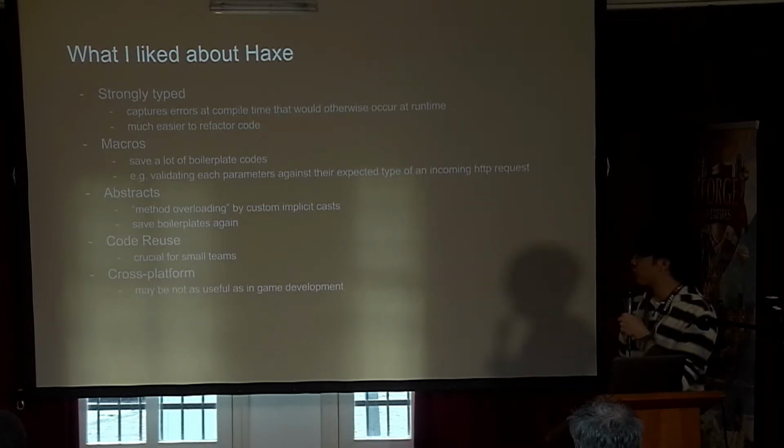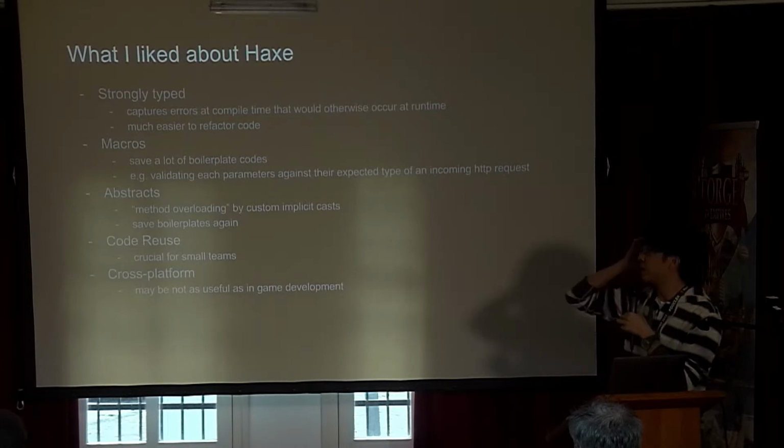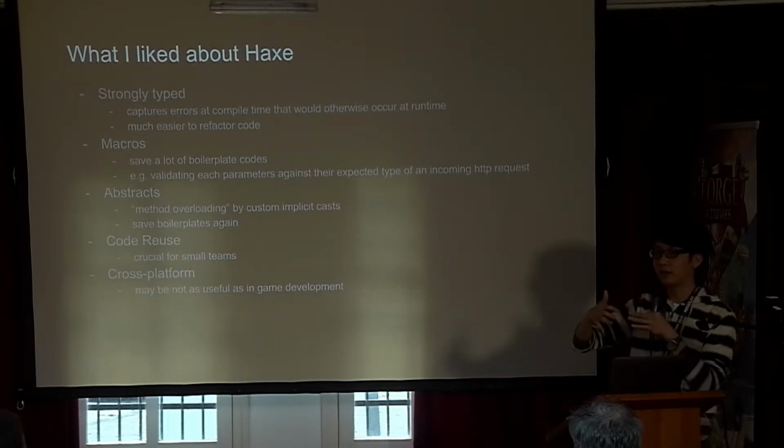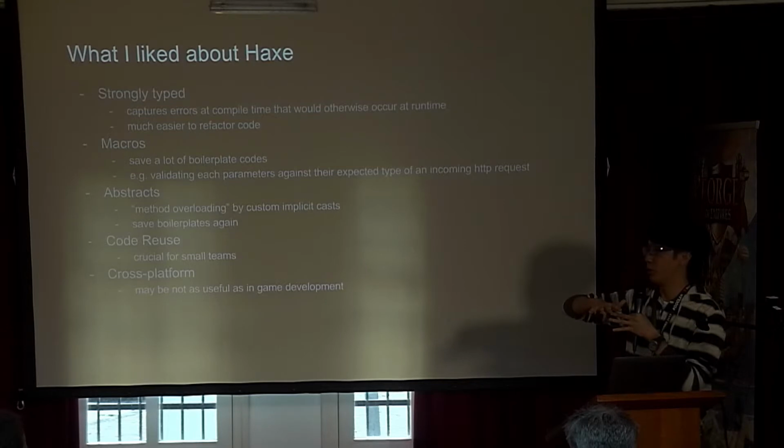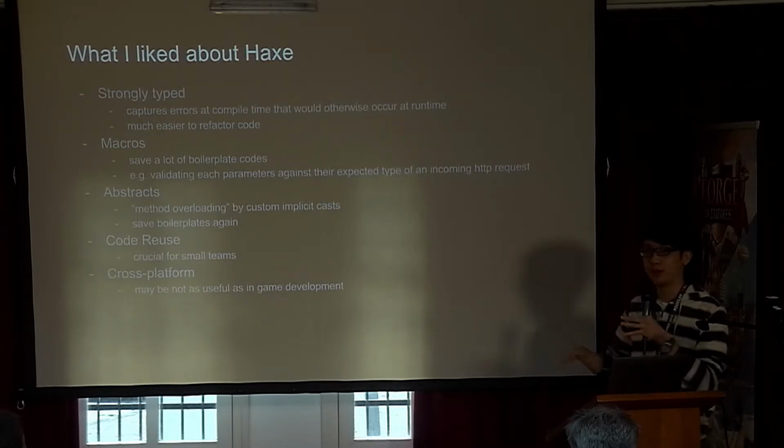The last point is cross-platform. It's not as useful as in game development, because I don't have to target multiple servers at the same time. I don't have to deploy a Node server, Java server, and PHP server at the same time. But it's still useful when I am restricted by the runtimes. For example, when I wanted to deploy on Google App Engine, the free servers only support PHP and Java.